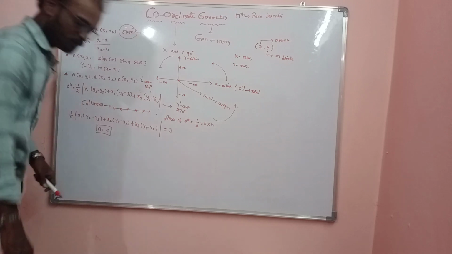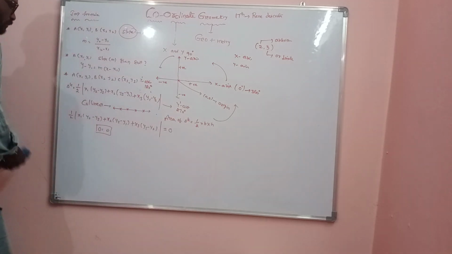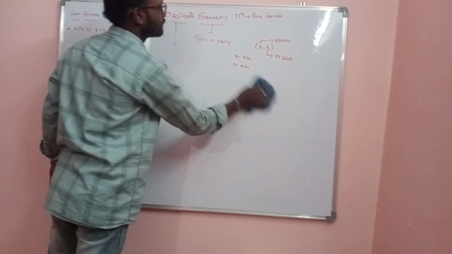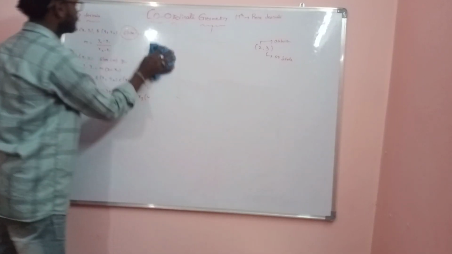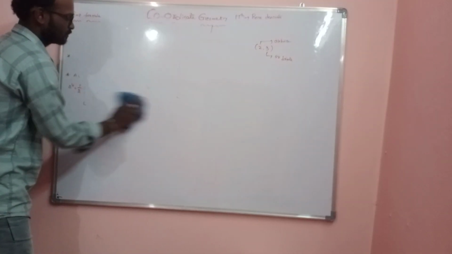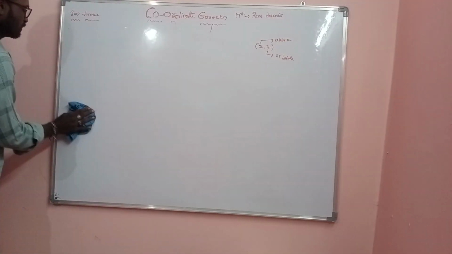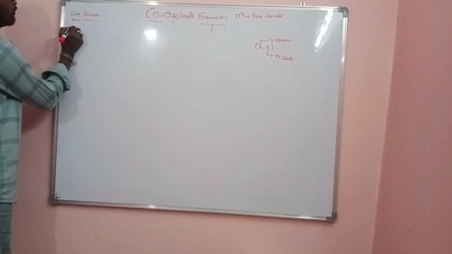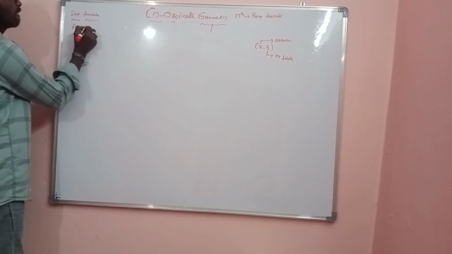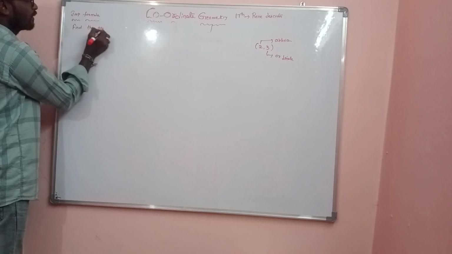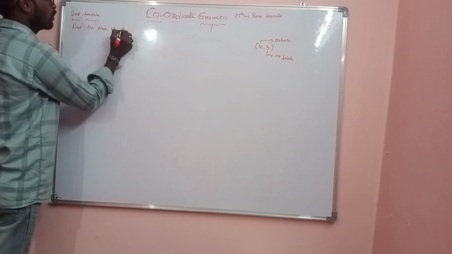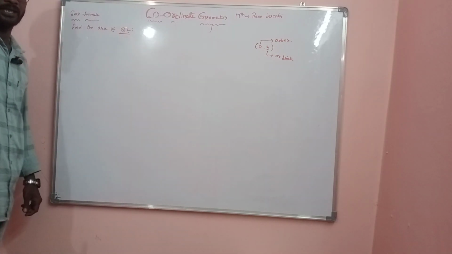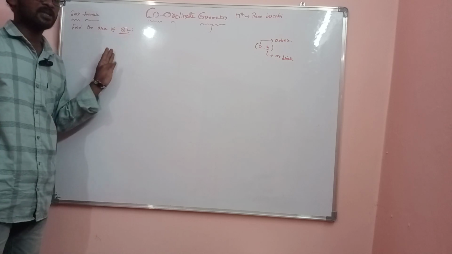Next one is: find the area of a quadrilateral. Quadrilateral means four points are given.